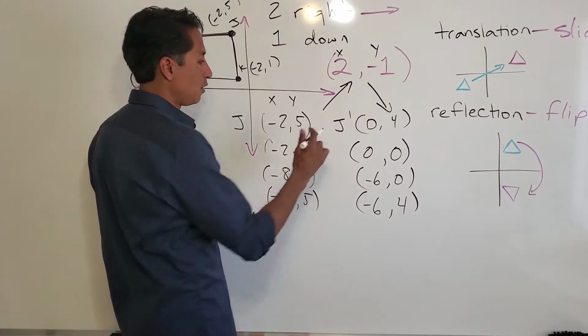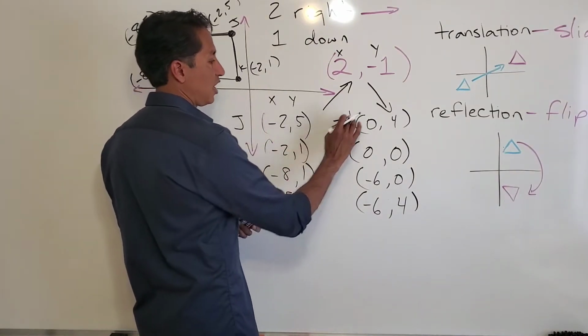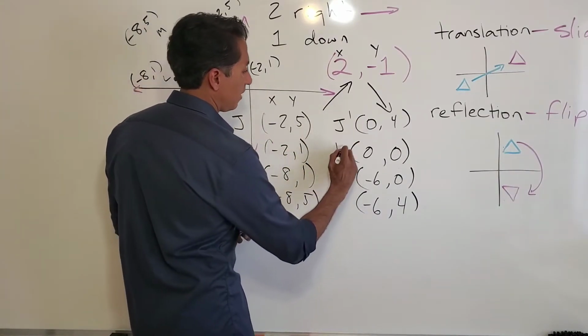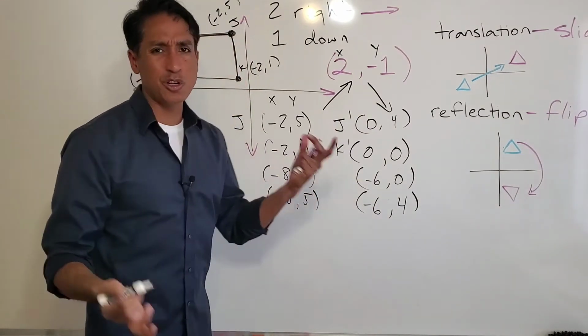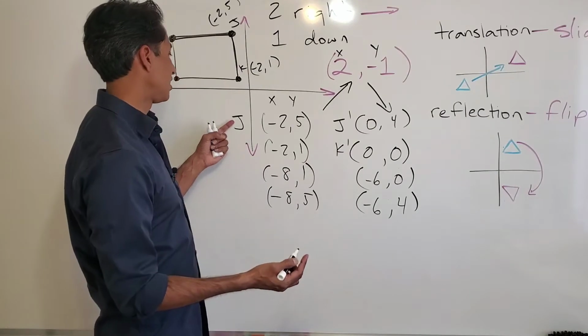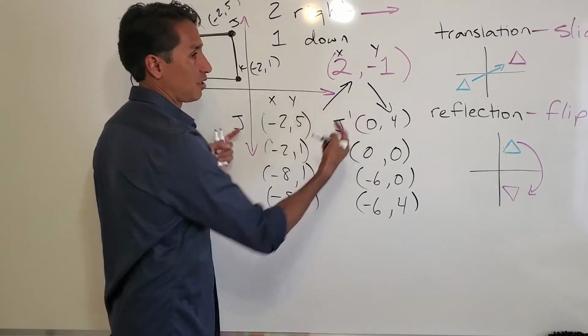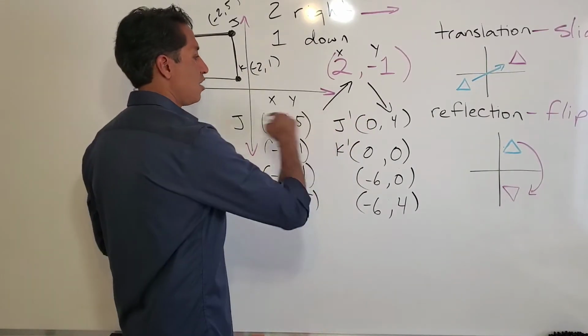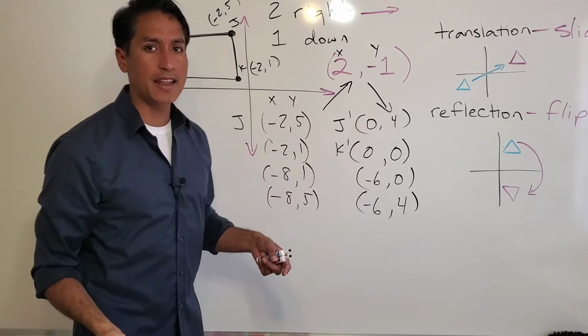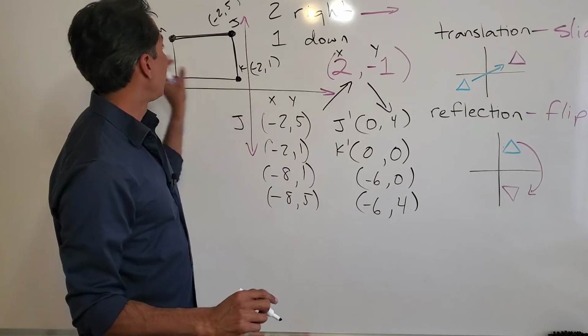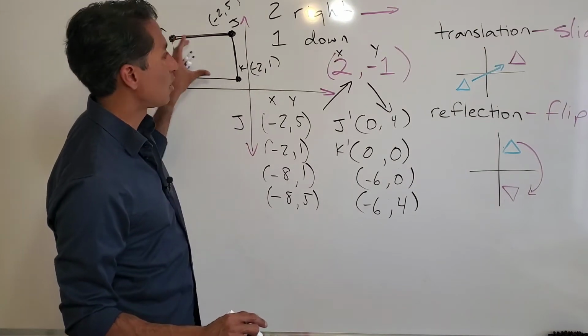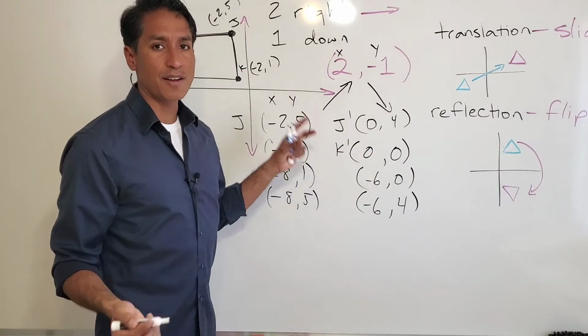Some books are going to have you use J and then J1, and this would be K1, L1, right? Because that shows that they're two different spaces, okay? Because this is J and this is J prime or J to the 1 or whatever you want to call it. It's the newer version of it, okay? Don't stress out about that. The main thing is, do you understand what we're doing here, how we're moving this guy, okay?